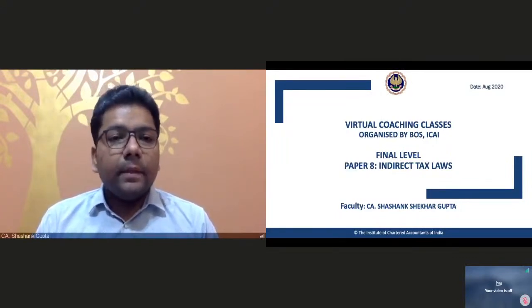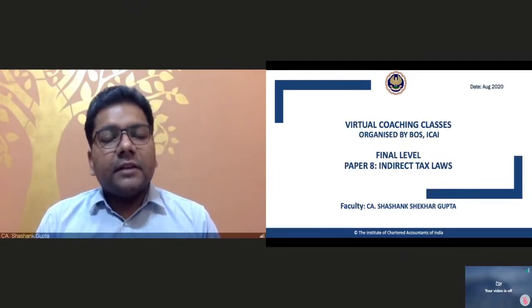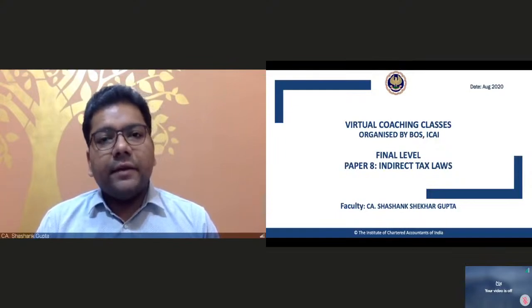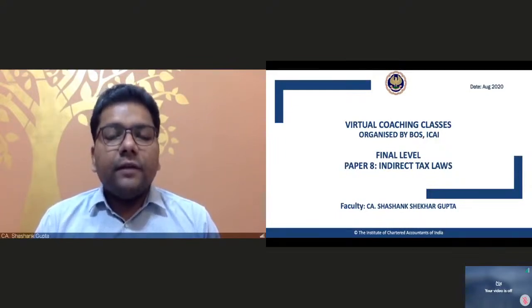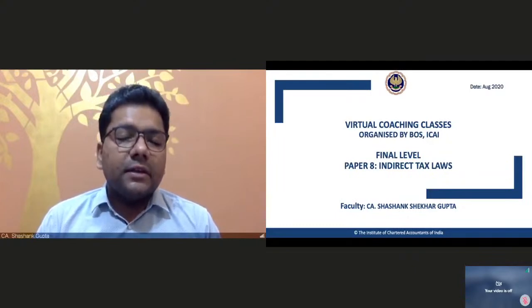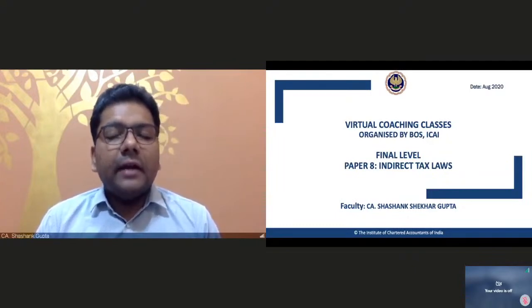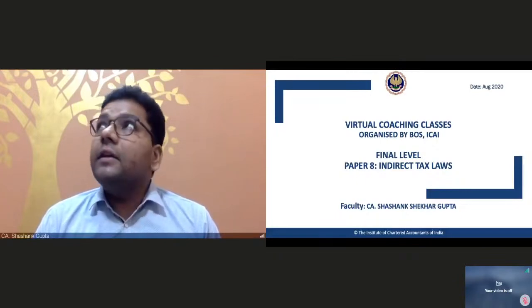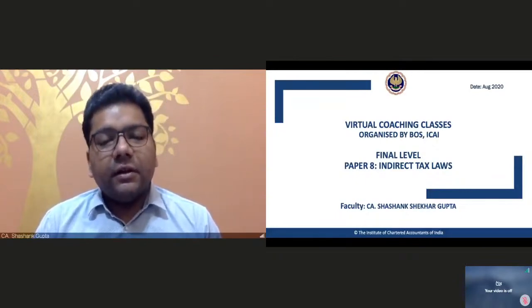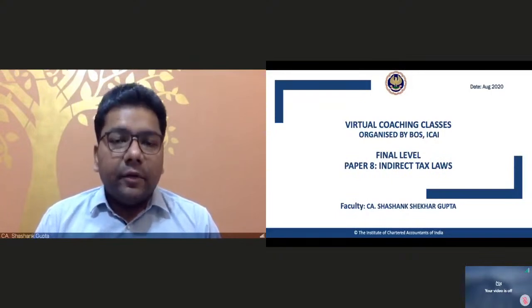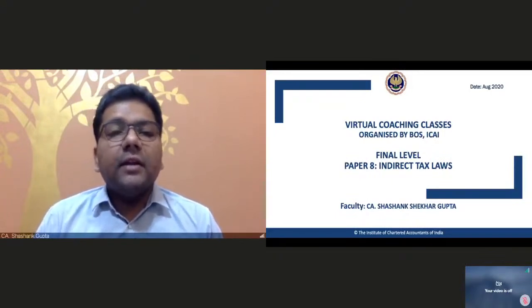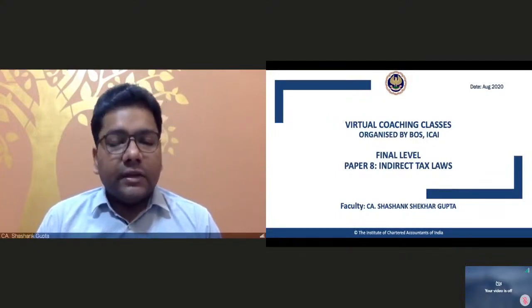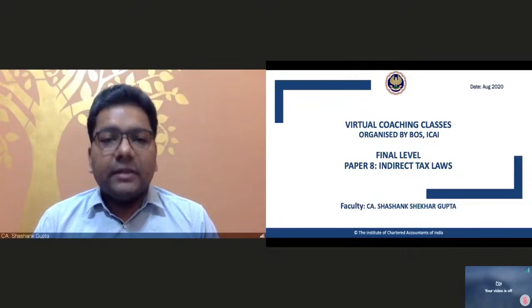For example, section 420 under the Indian Penal Code talks about fraudulent activity: if any fraud is committed, then the person would be held liable under section 420. Similarly, for murder, there is a separate section under the Indian Penal Code. Attempt to murder, there is a separate section. But basically, there are events on the happening of which the charge of any law gets created.